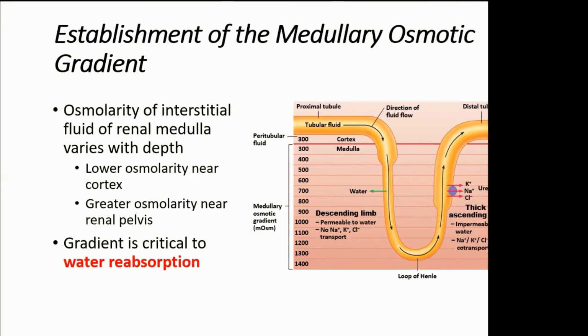And this gradient that we're creating across the medulla is really important to how water gets reabsorbed. Most of the rest of our water, since we reabsorb 70% of it kind of passively in the tubular fluid, we're going to be reabsorbing now.